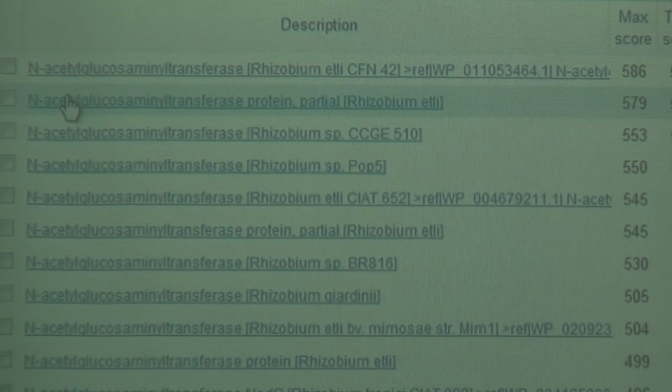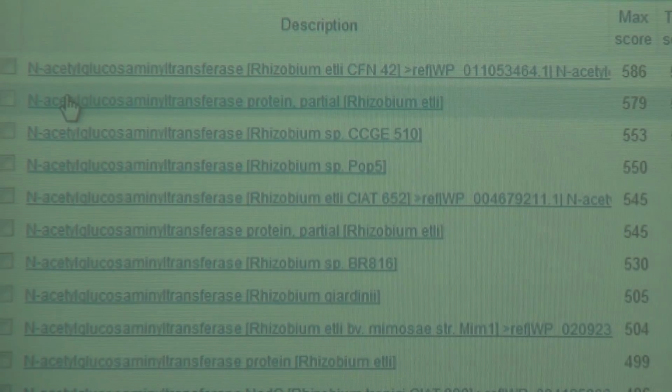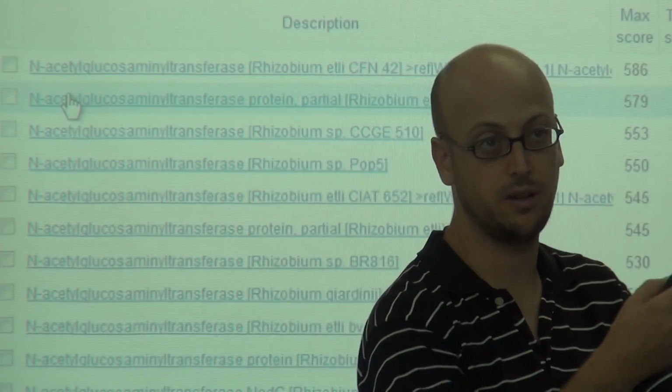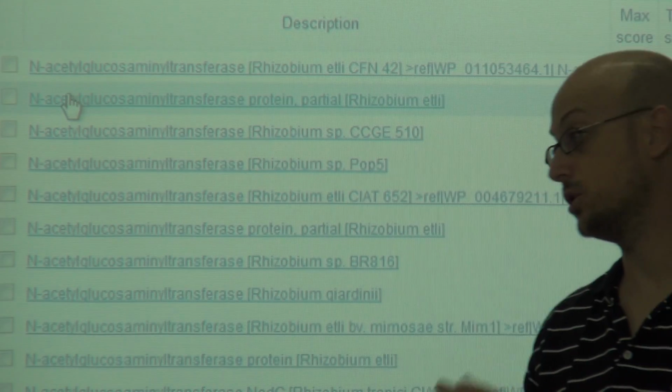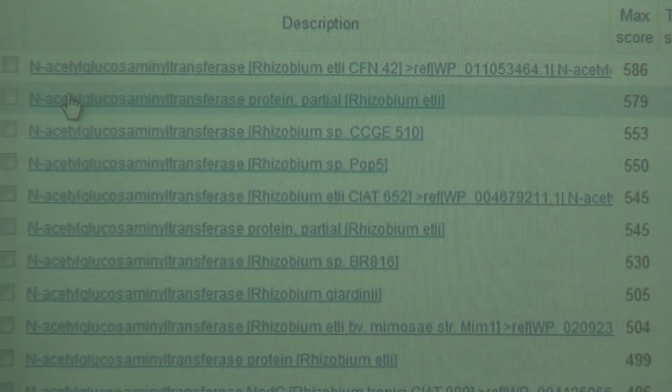N-acetyl glucosamine transferase. Why? Because remember I told you that things that are similar, things that look the same, usually behave the same. So people usually behave like people, dogs usually behave like dogs, rice usually behaves like rice.